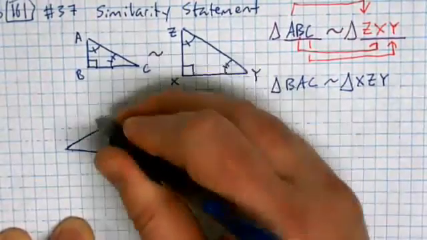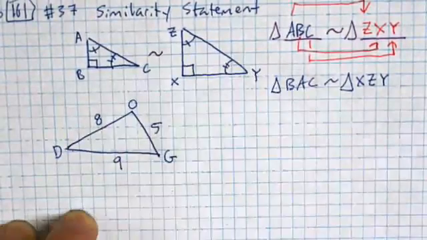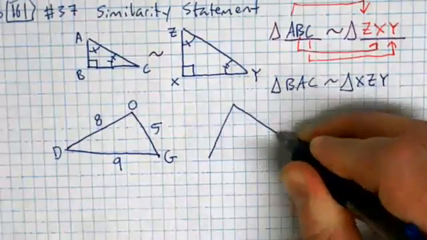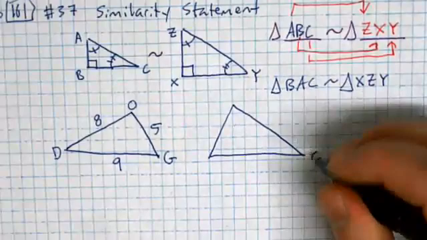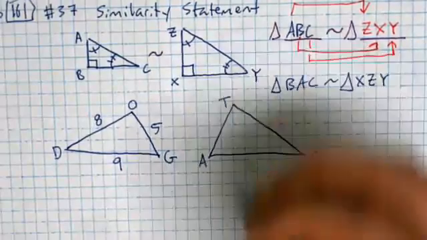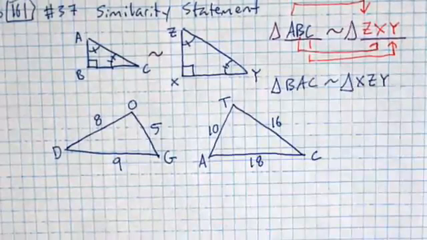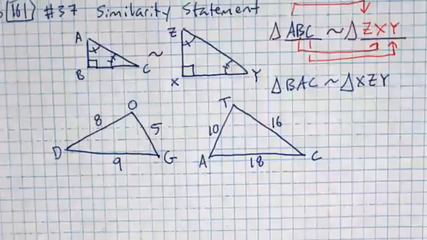The dog and cat problem. 8, 9, 5, D O G. Oh, thank you for fixing that for me.